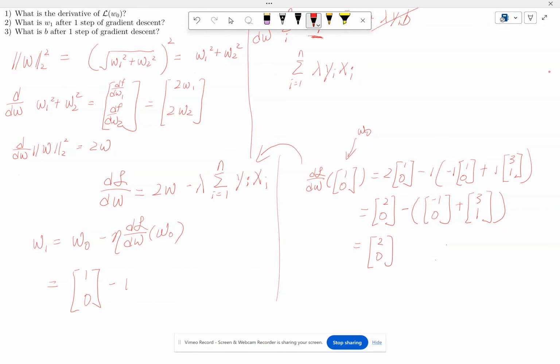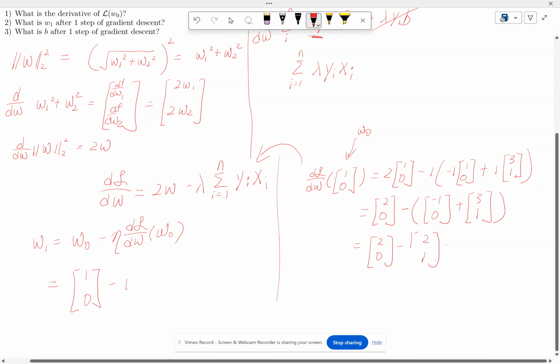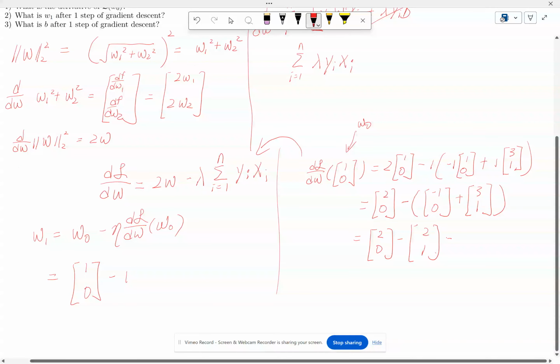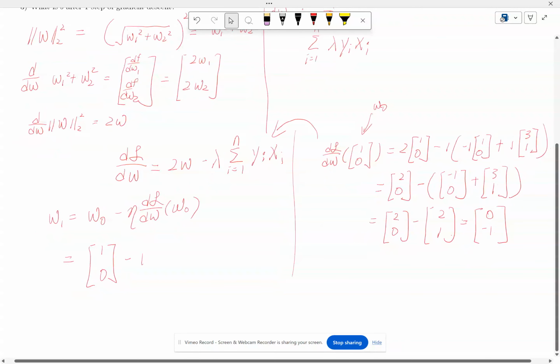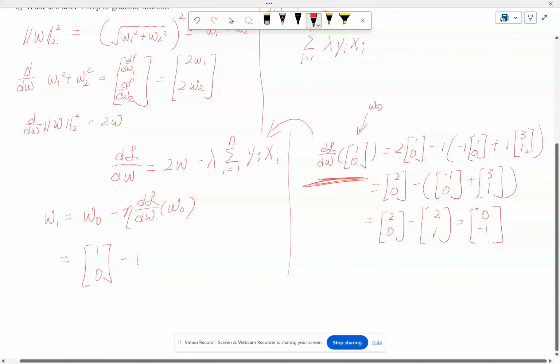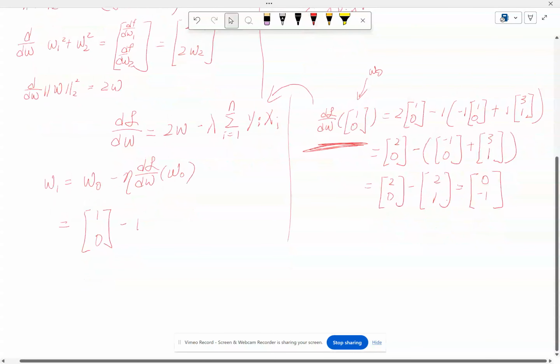2, 0 minus 2, 1. Alright, that's 2, that's 1. Okay, so now the result would be 0 minus 1. That looks right. So now we finally have this, and we can plug this into this term here.